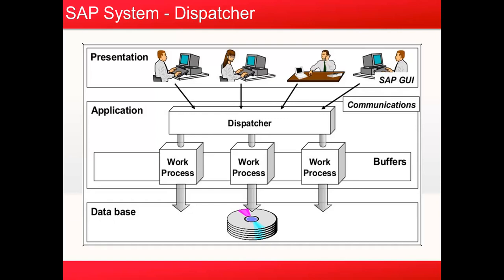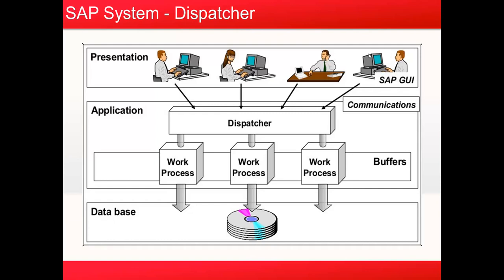Each request is then allocated to the available work process. Whichever work process is free, the dispatcher allocates the first in first out request to it, and the work process will handle the request one at a time.